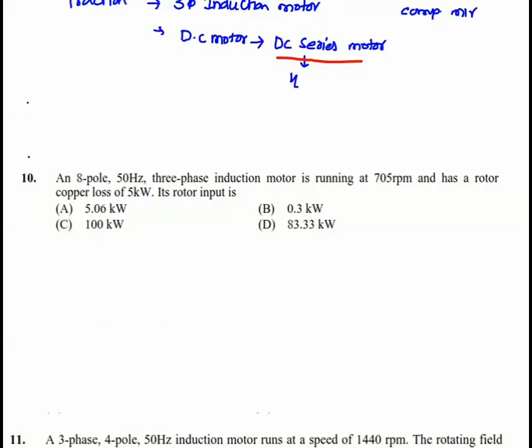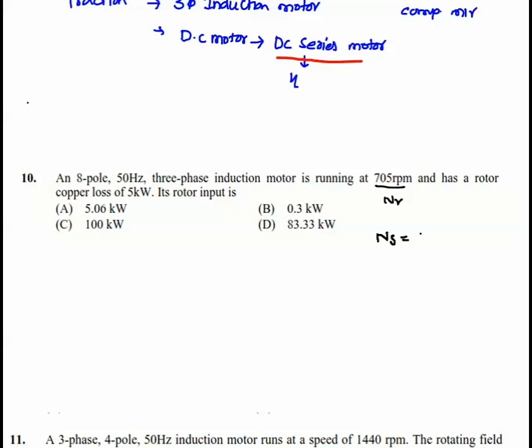And the next question: an 8-pole 50 Hz 3-phase induction motor is running at 705 rpm. This speed is the rotor speed, and it has copper losses of 5 kilowatts. Its rotor input is? First of all, what is the synchronous speed of this induction motor?